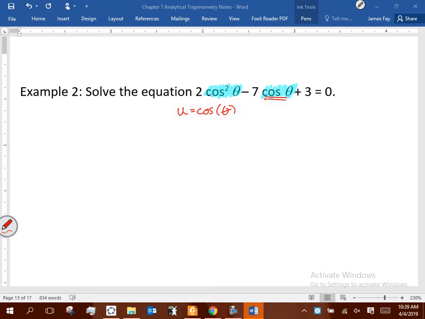Okay, so same thing here. The reason we want to do that, think about it, u squared would be cosine squared, right? So can I rewrite this original equation as 2u squared minus 7u plus 3 equals 0? Does that make sense? Do you see now how it's quadratic in nature?